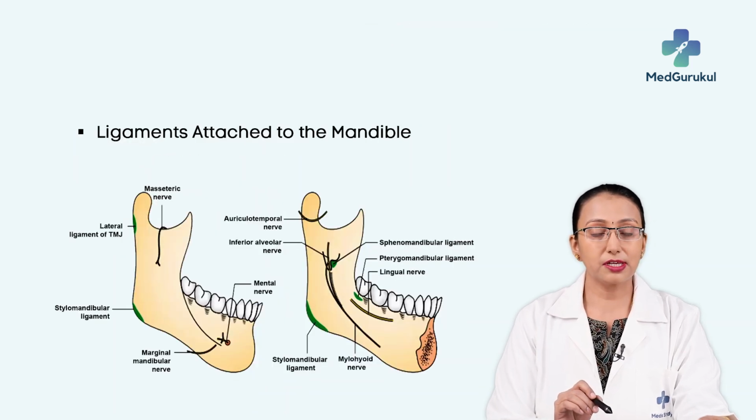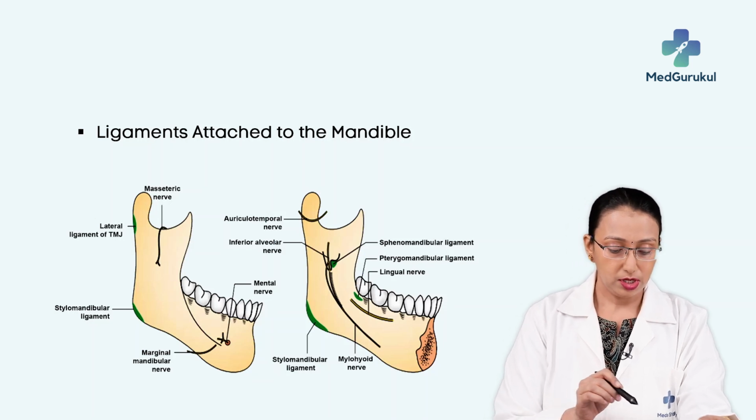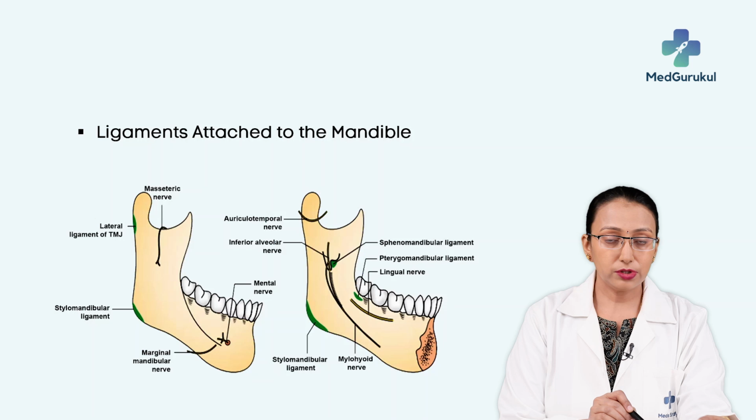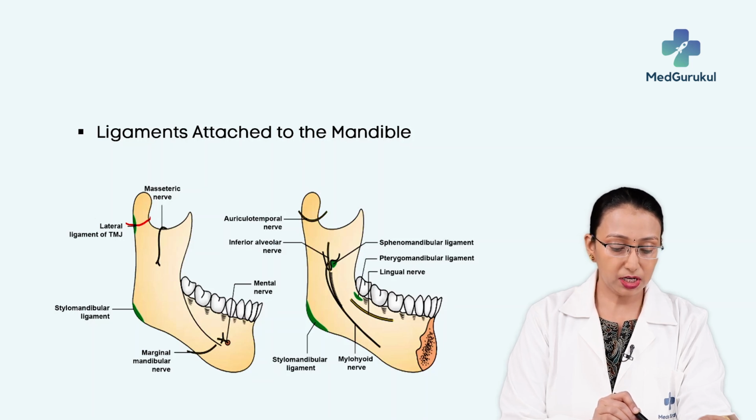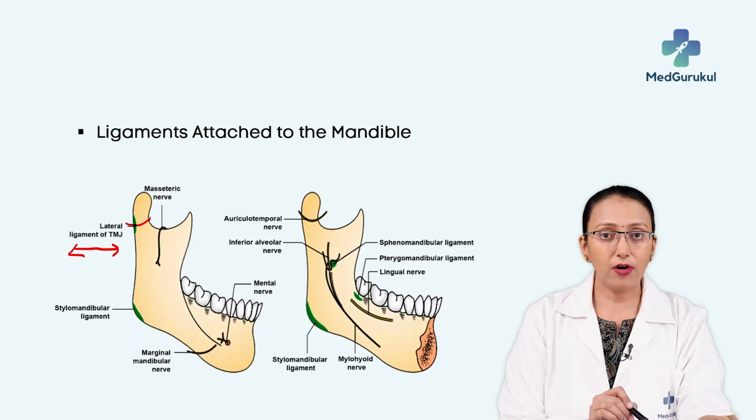Next, the ligaments attached to the mandible. If the question is asked, name the ligaments attached to the mandible. Just below the head, at the posterior part of the neck of the mandible, there is the attachment of the lateral ligament of the temporomandibular joint.